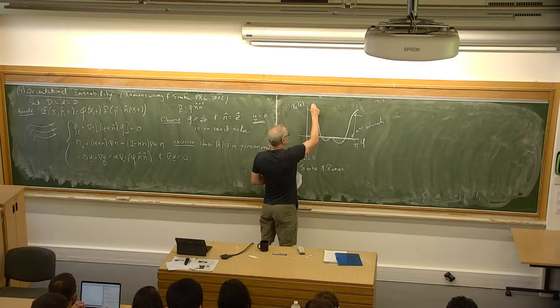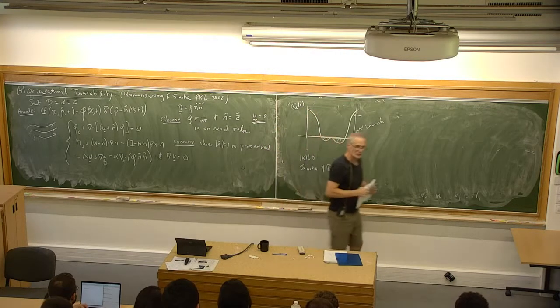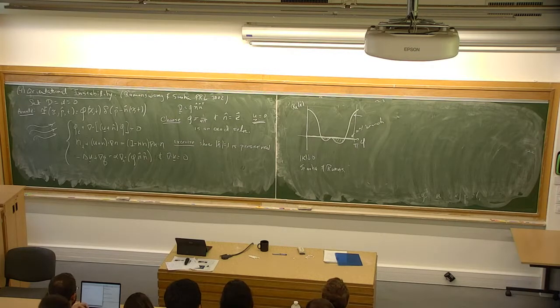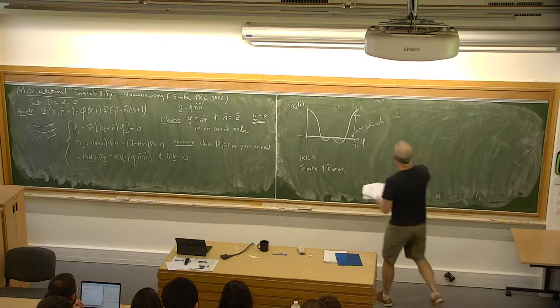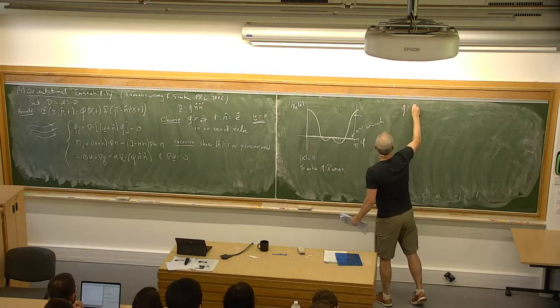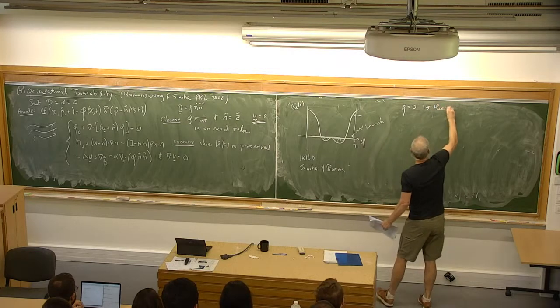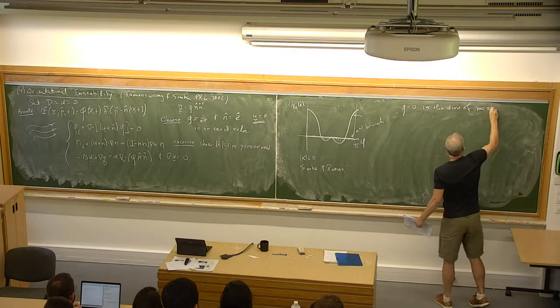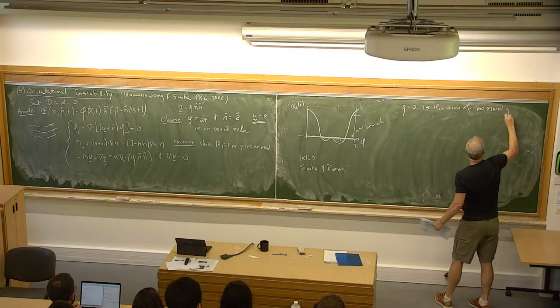The other thing is that the maximum growth rate in this problem at k equal to 0, and this is preserved as you change k, is in the direction of the alignment. That's phi equal to 0, phi equal to pi. Phi equals 0 is the direction of maximal growth.